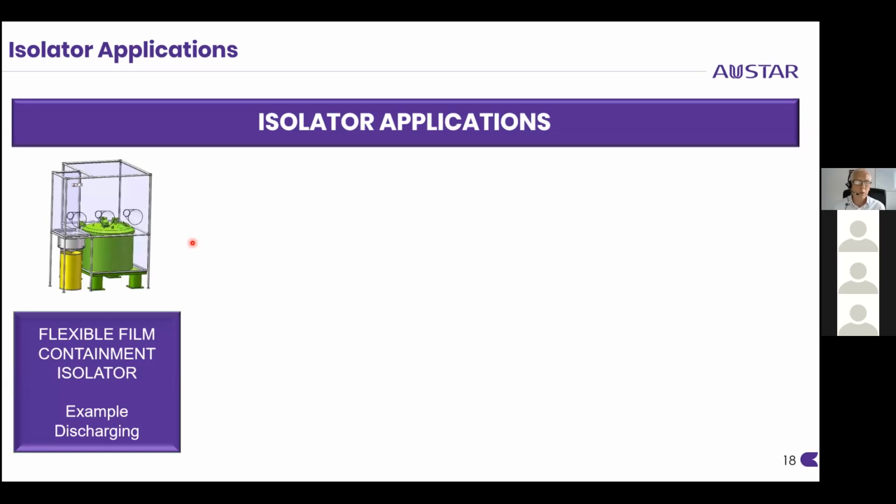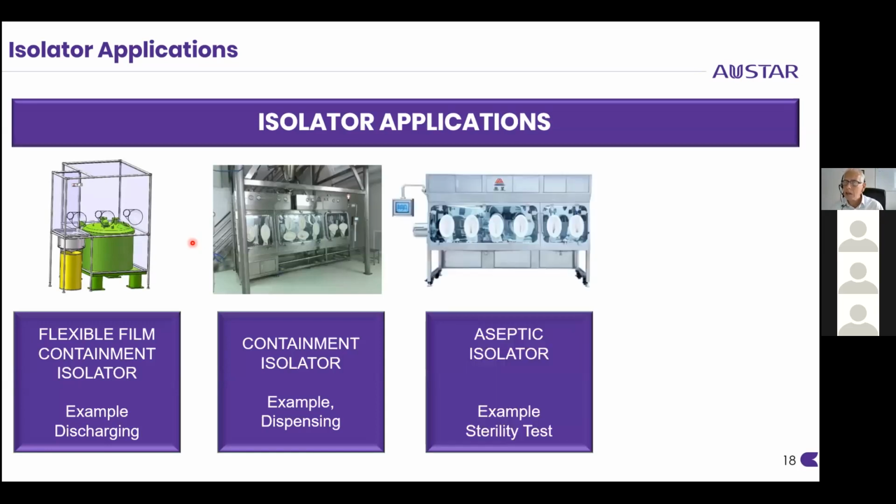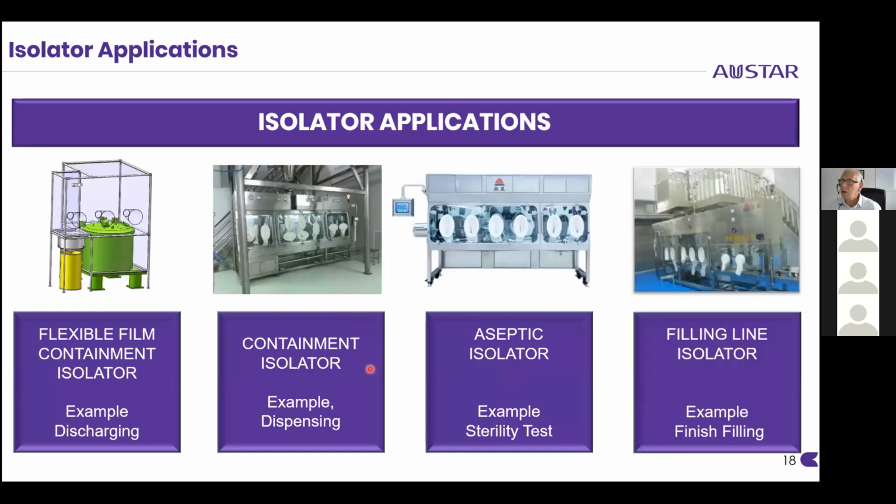Generally containment, a cheap solution, with single-use options as well. We have containment isolators, which are rigid wall stainless steel, and also aseptic isolators, so we can contain and protect the operator from the product, but we can also protect the product from the operator. And also there are very large filling line isolators, for example, used in finish filling.